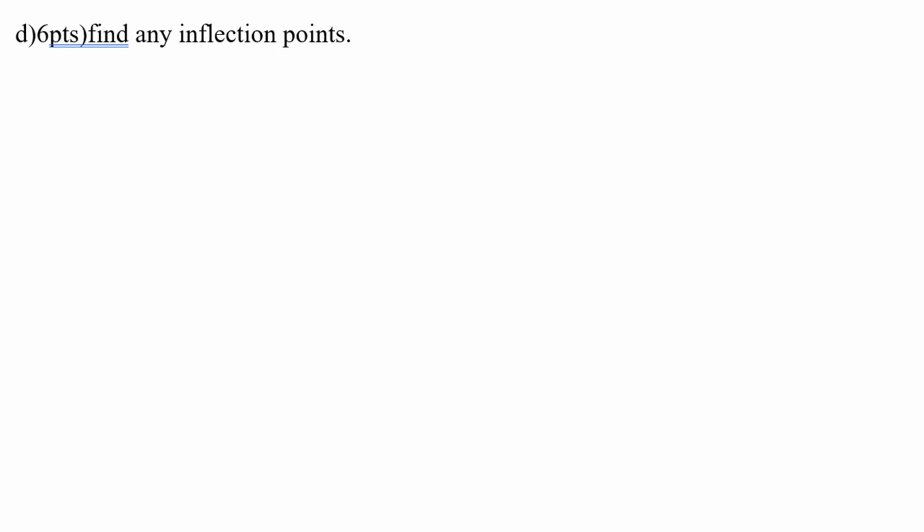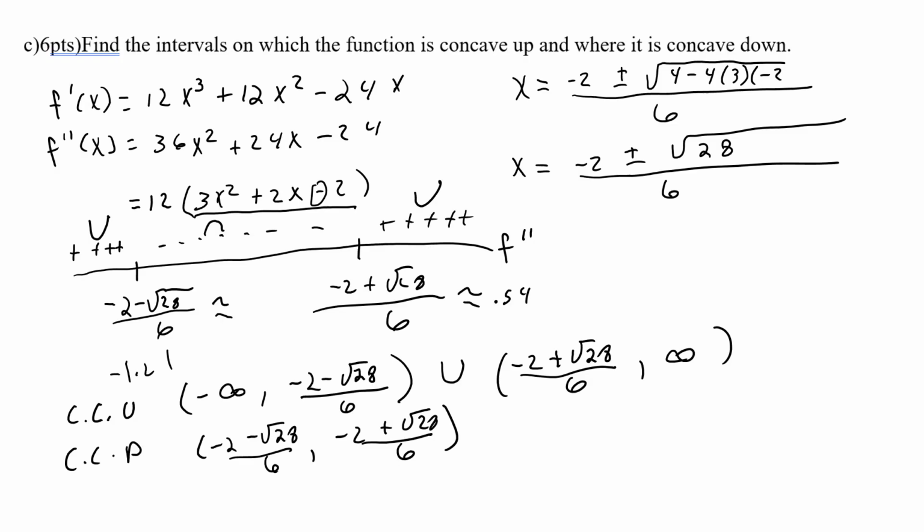The next question is asking for the inflection points, right? And so I want the point. An inflection point is where the graph changes concavity. To the left of -2 minus the square root of 28, all divided by 6, it's concave up. To the right, it's concave down. So there's an inflection point at that x value.